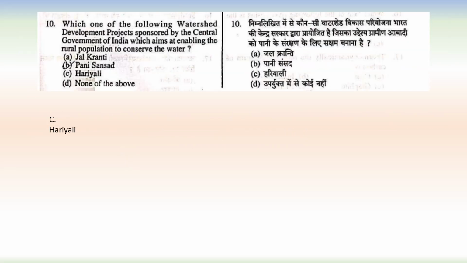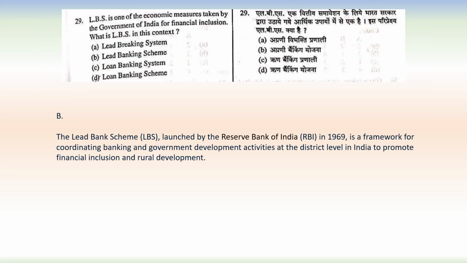Which of the following watershed development projects is sponsored by the central government of India, which aims at enabling the rural population to conserve water? So this is Hariyali Yojana. Option C is correct here. Next one, LBS is one of the economic measures taken by the government of India for financial inclusion.